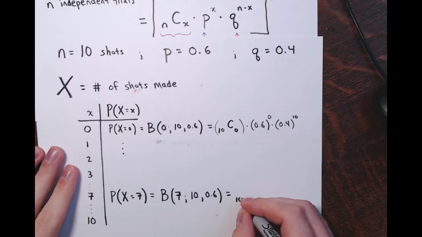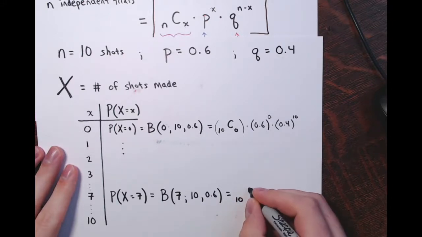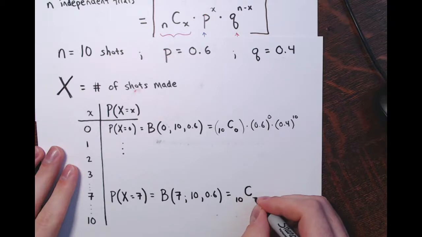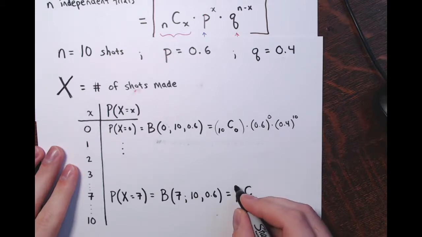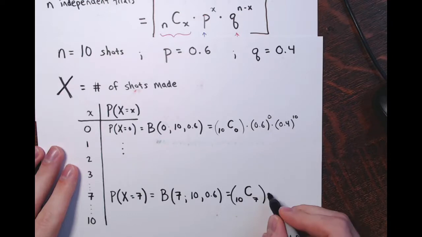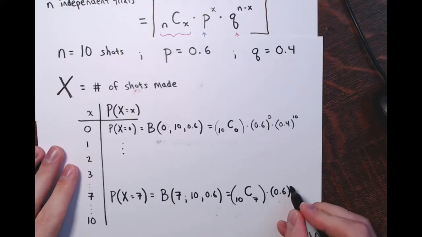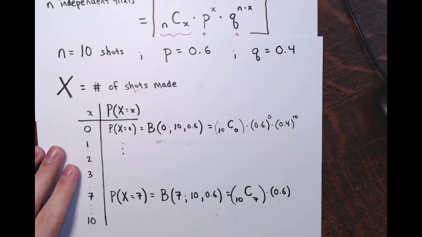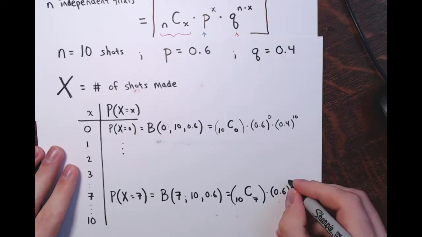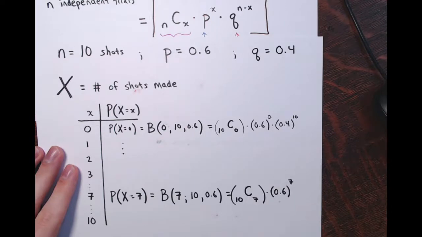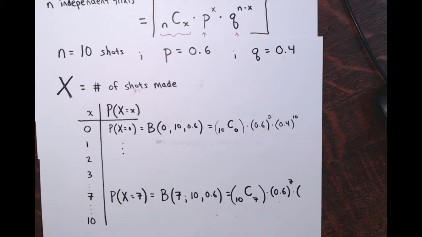So I have to find the probability of getting exactly 7 of these shots. There are 10 trials, 10 shots. We choose to make 7 of them. So I have a 10 choose 7, times the probability of success on each trial, p, that was 0.6, raised to how many successes there are, the 7th power, 0.6 to the 7th, times, and then if there are 7 successes in the 10 trials, that means there are 3 failures.